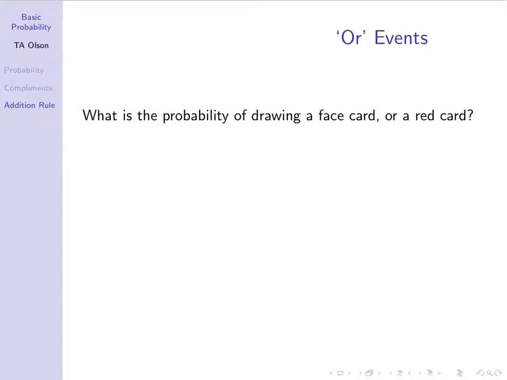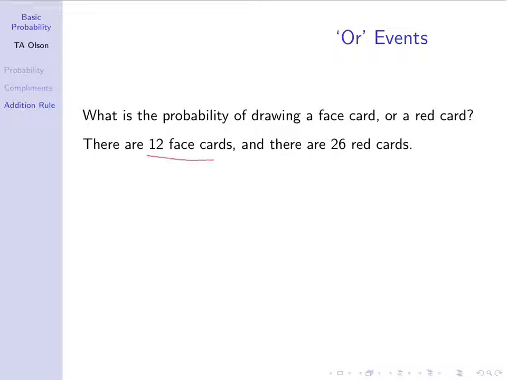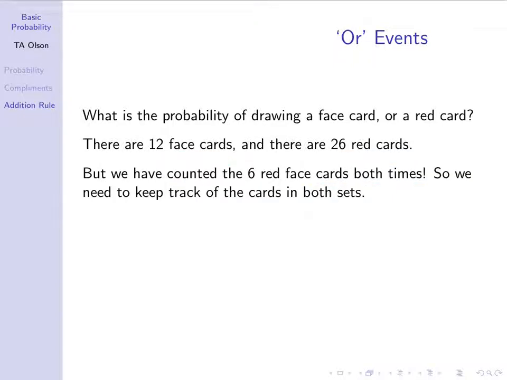However, sometimes we want to find the probabilities of things that are a little more complicated. So we call these things OR events. What's the probability of drawing a red card or a face card? In our case, if we look through the deck, there are 12 face cards and there are 26 red cards. But we've counted our 6 red face cards in both sets.